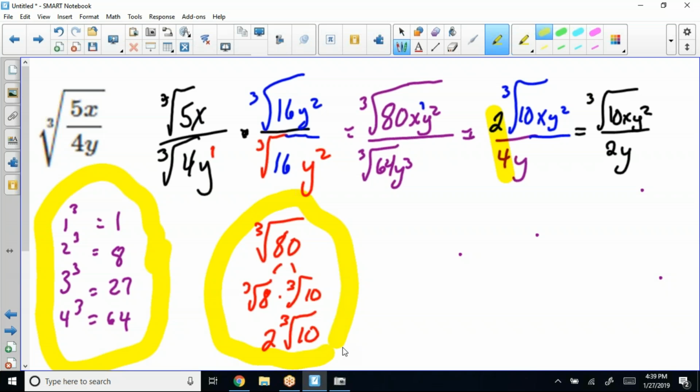Well, I could take something times 4 to get 8, right? And 8's a perfect cube, and so is 64. 4 times 2 would give me 8, but 4 times 16 would give me 64. So those both are correct paths, right? Both forks will get me to the right place. It's just when I chose the 64, I had a little bit more math to do.